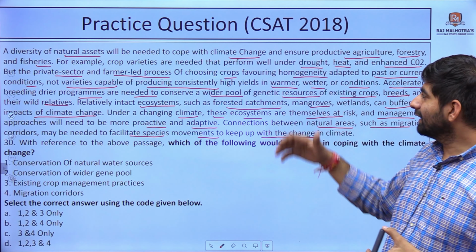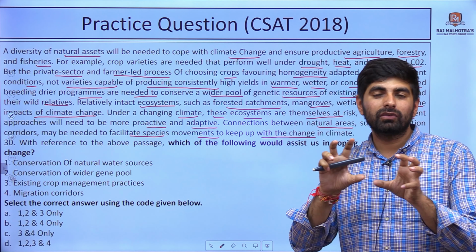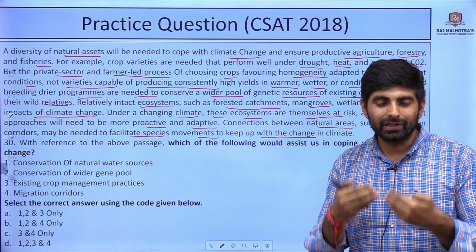You can say that in that passage we have mentioned some suggestions on how we can cope with climate change.